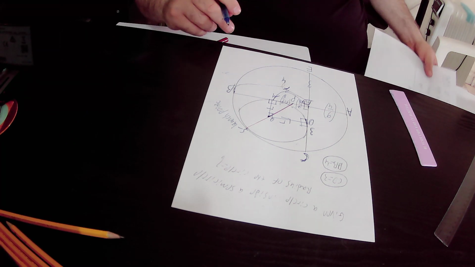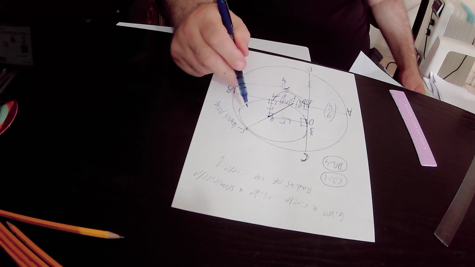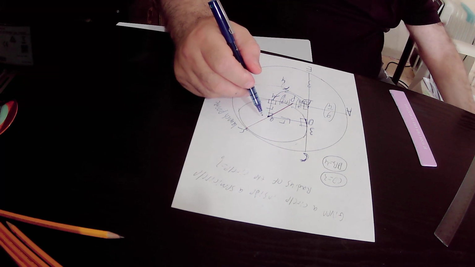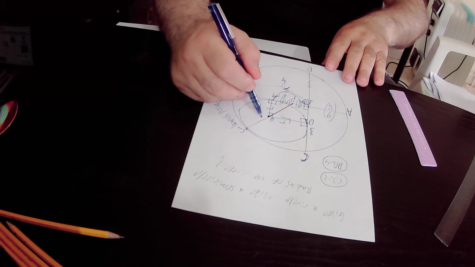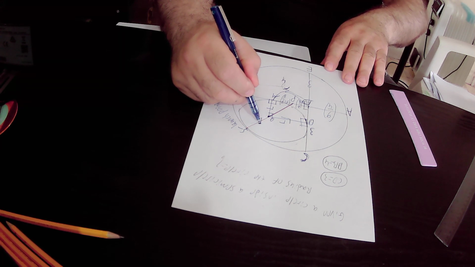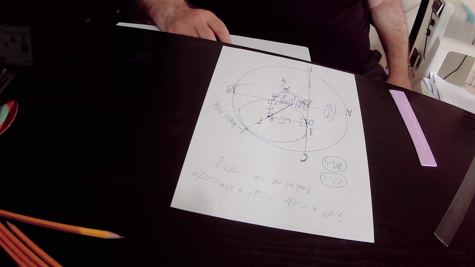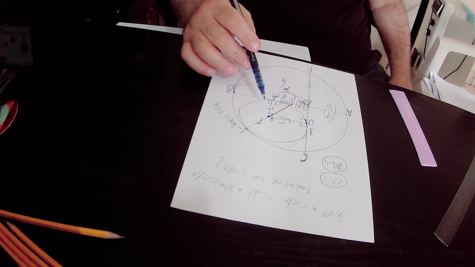So what is the definition of line segment QS? Q is the center of the small circle. S is a point on the small circle itself. And this is exactly the definition of a radius. So QS is the radius of the small circle, that is to say it is equal to small r. And what is the definition of the straight line segment PS?